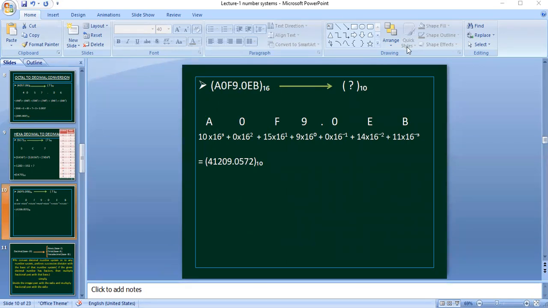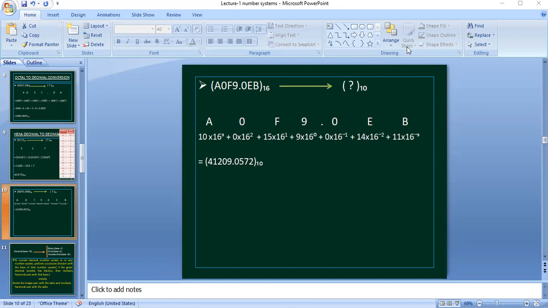Okay. So what is the first conversion we discussed? You have to convert the given number system into decimal. If you want to convert the other number systems into decimal, we have to multiply each digit by its positional value and then add all the product terms.